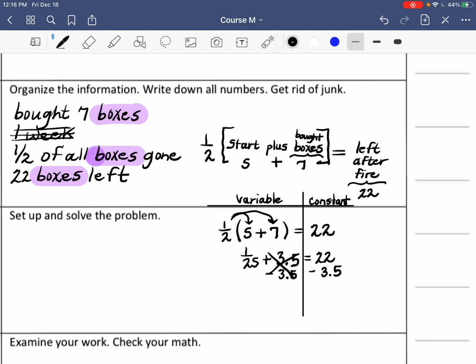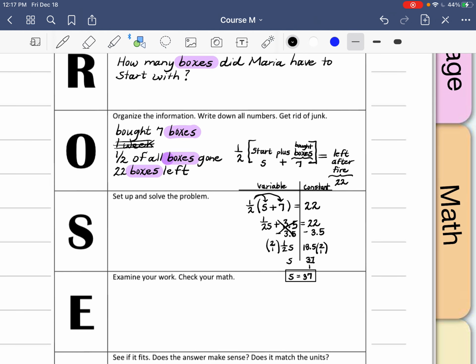Use your calculator, that's fine. So I have 1/2 S. 22 minus 3.5 is 18.5. And then I'm going to multiply that by 2 over 1. So I am left with S equals 37 over 1. So S is 37. And I had to run down into that next space, but that's okay.